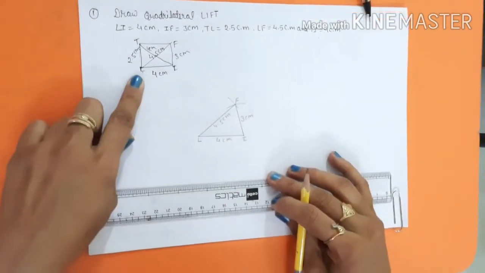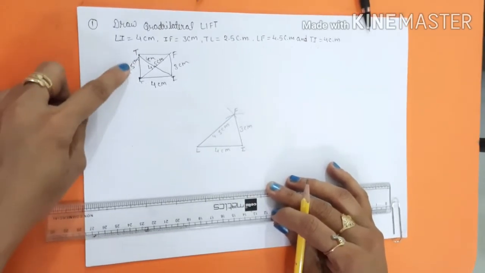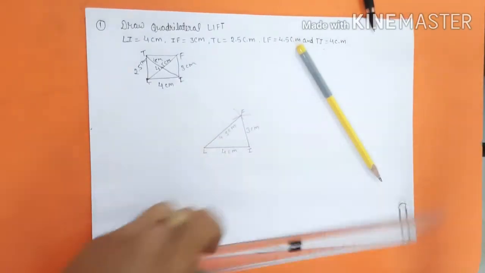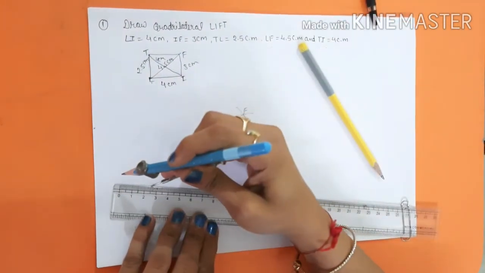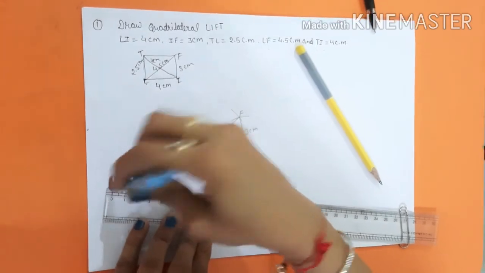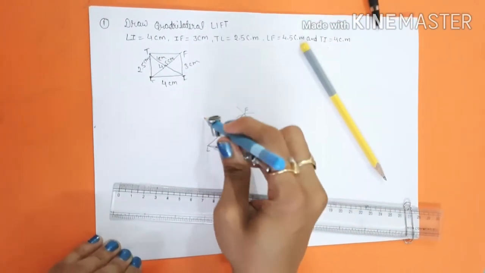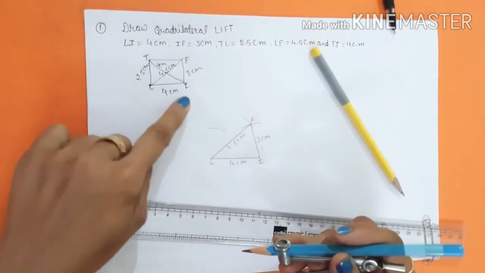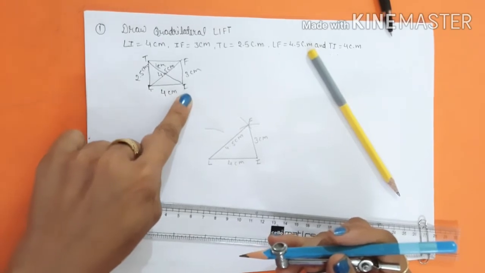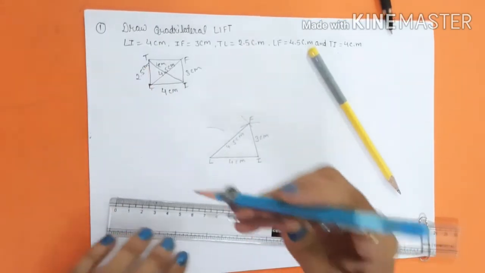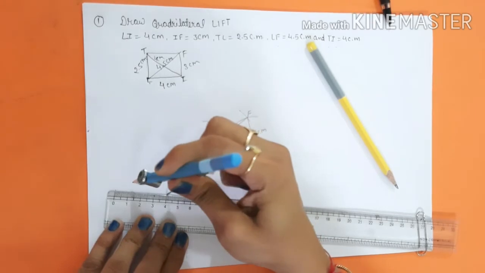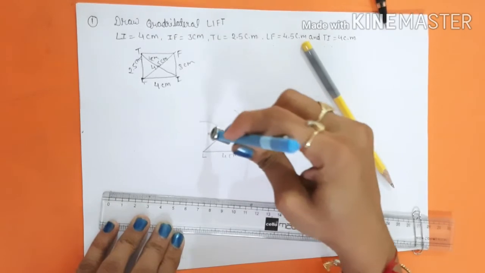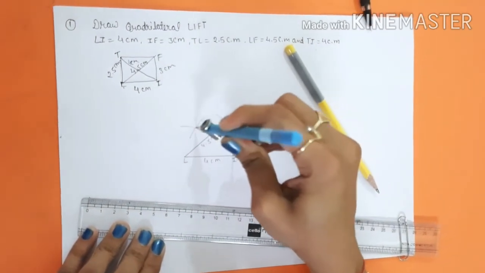Now again we'll take L as a center and we'll cut an arc till T. We'll take 2.5 measurement and we'll cut an arc from here to here. Same, we'll take I as center and 4 centimeter till T. We'll take measurement of 4 centimeter and we'll cut an arc from I till T. This is the intersecting point.